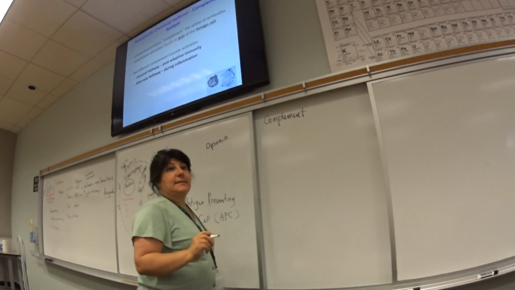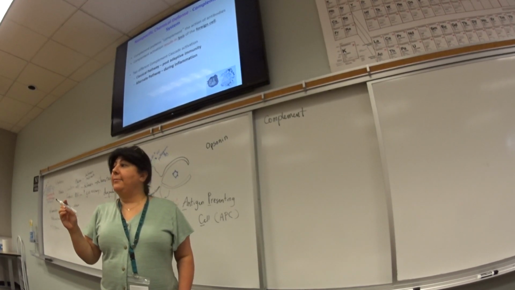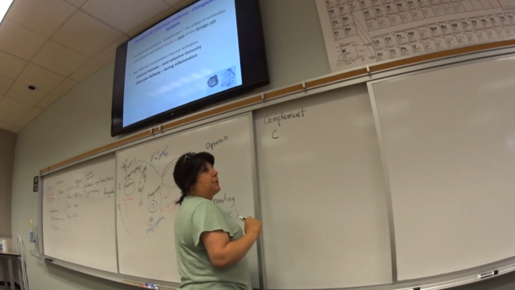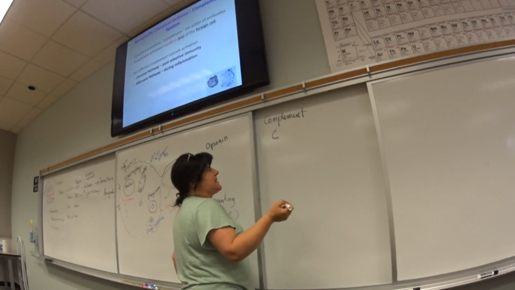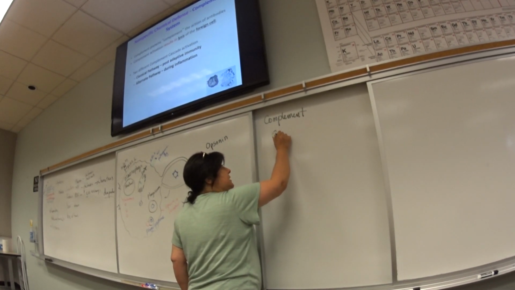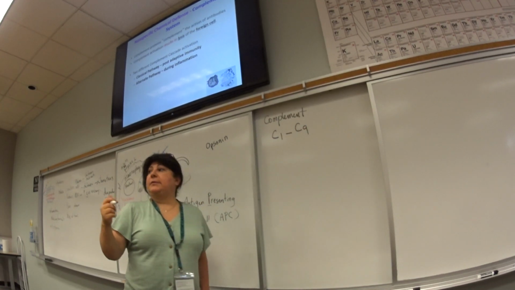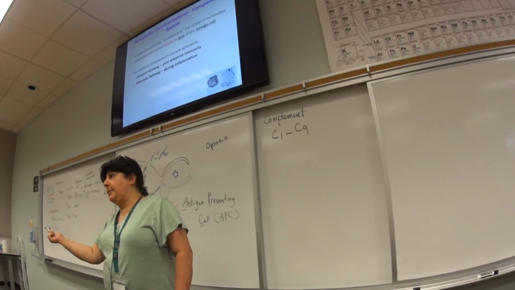So complement is a group of proteins. These are the proteins that we have in the complement system, called complement proteins, or C for short: complement protein 1 through complement protein 9. So C1, C2, C3, C4, C5, C6, C7, C8, C9.